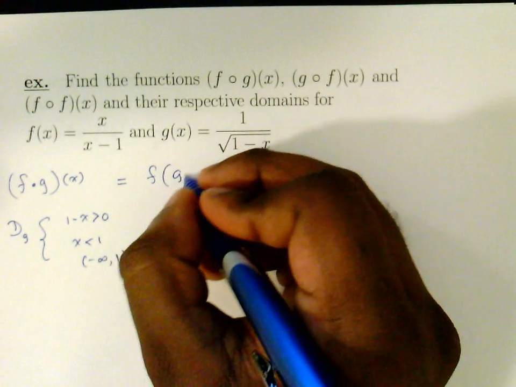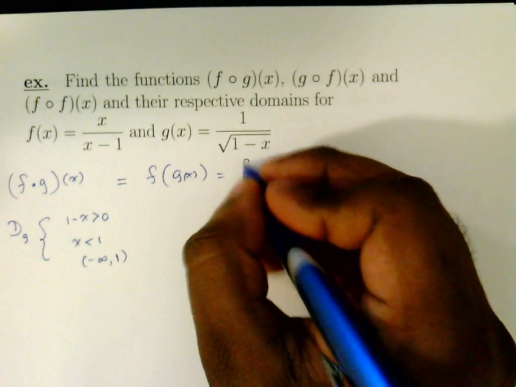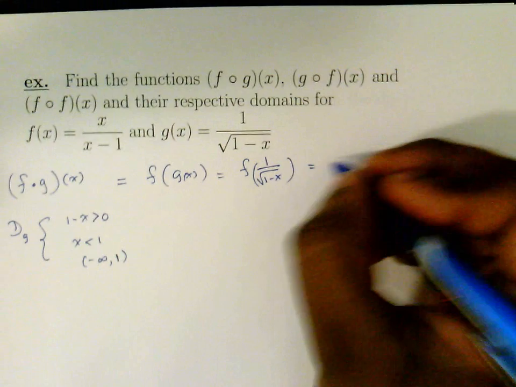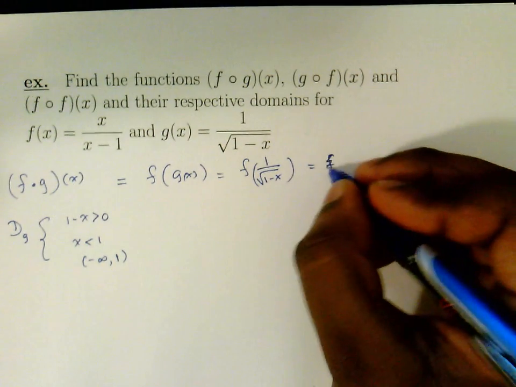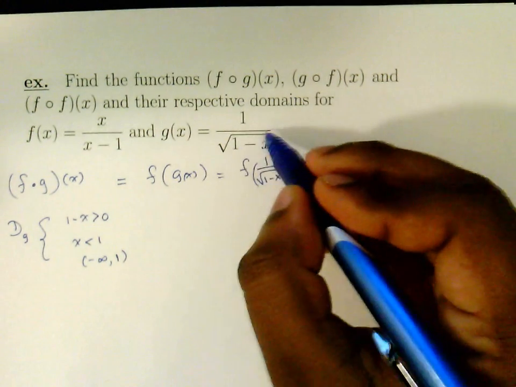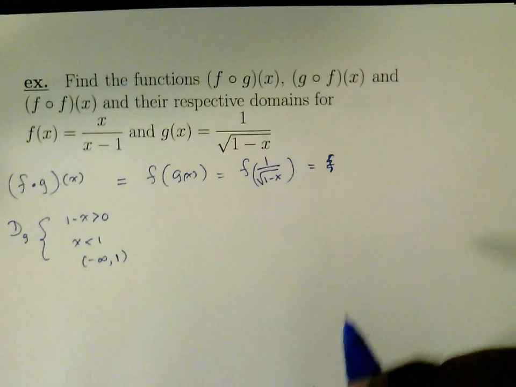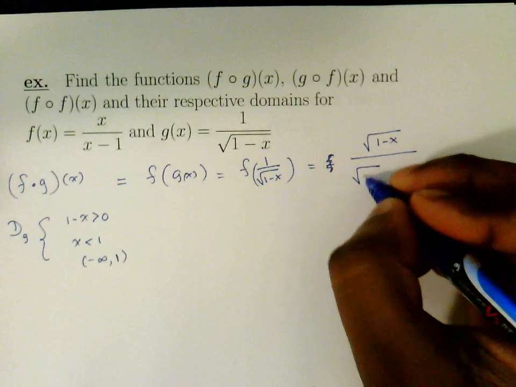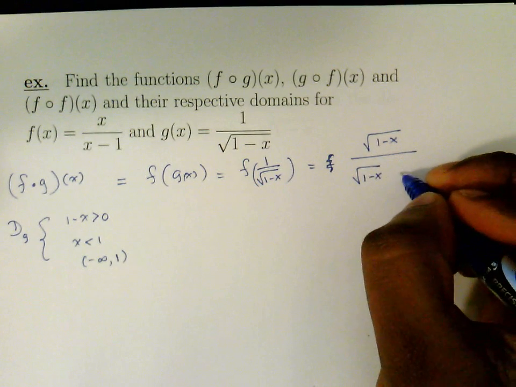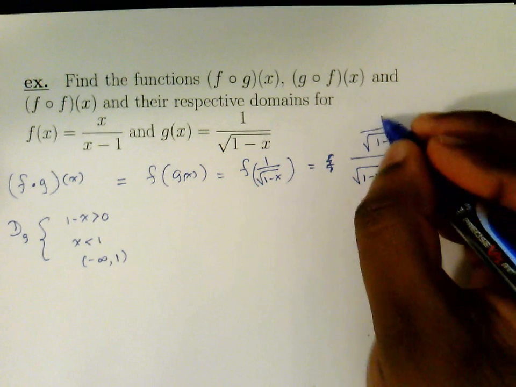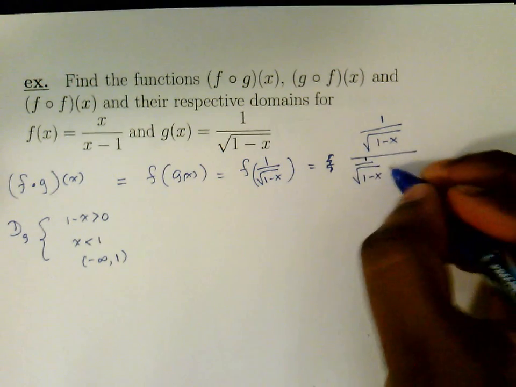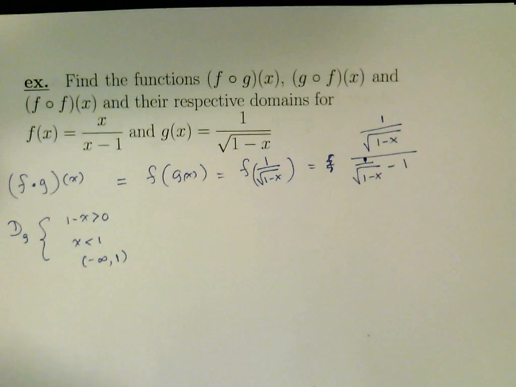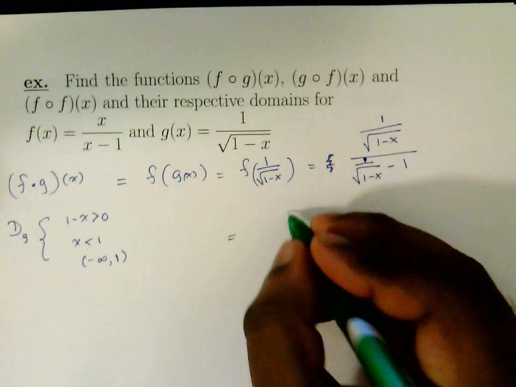Okay, now let's see what we get when you do the composition. So f of g of x, so f of 1 over square root of 1 minus x. Now you just plug in 1 over square root of 1 minus x whenever you see x. So 1 over square root of 1 minus x divided by 1 over square root of 1 minus x minus 1. Okay, so let's see what we see here.